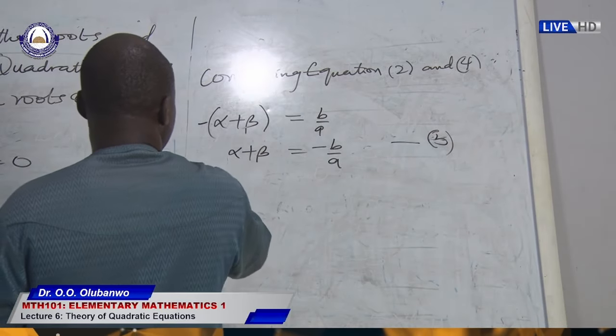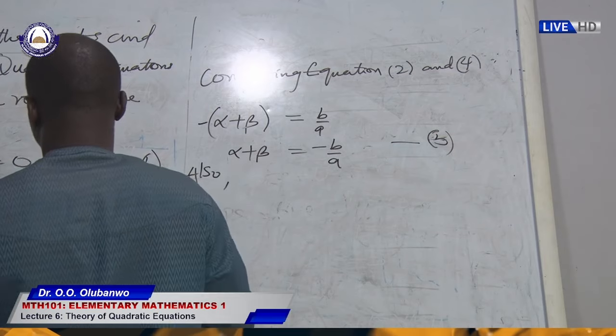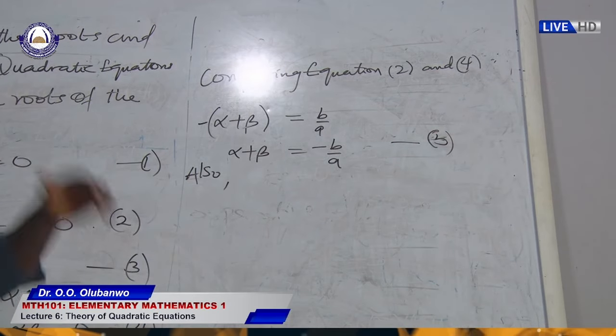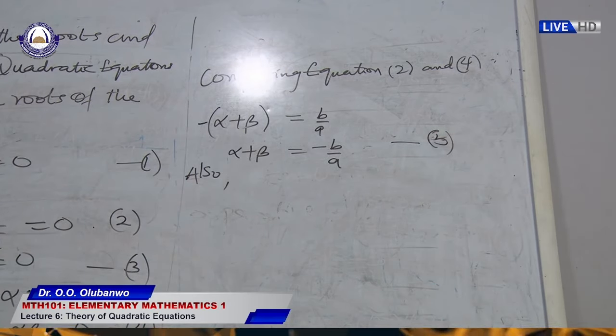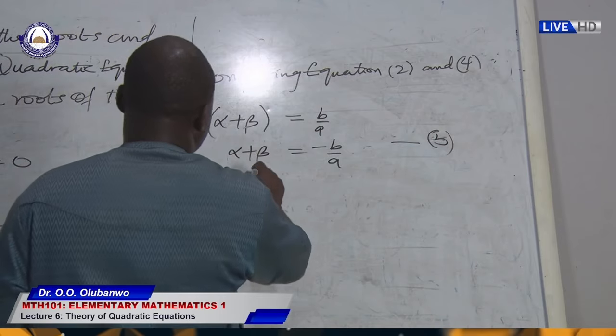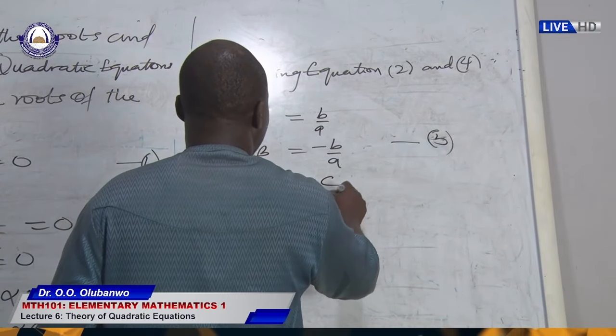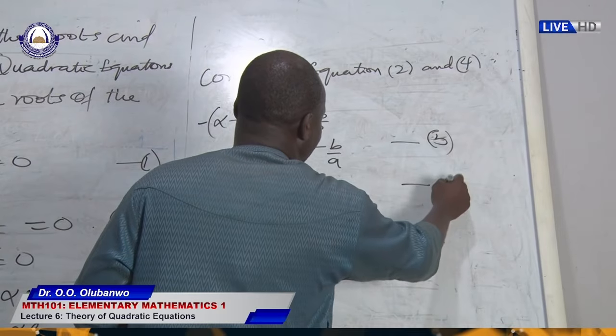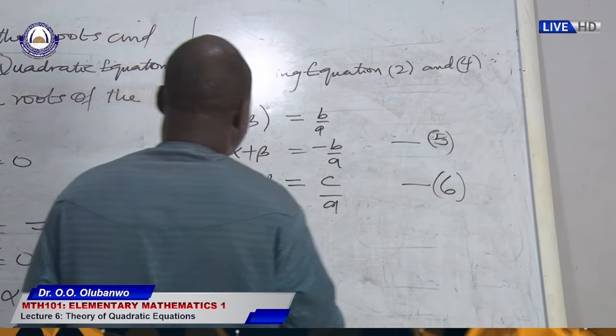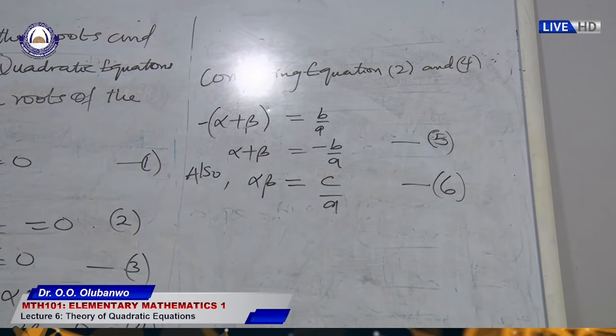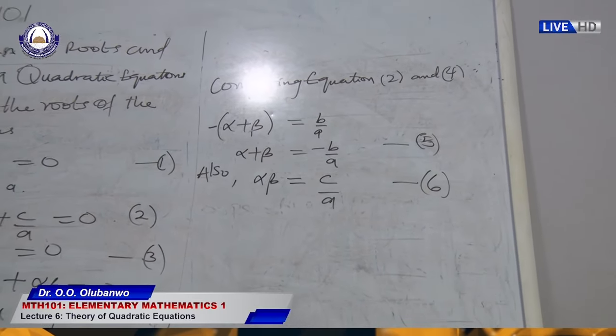Also, in terms of the constant term, you will observe that our alpha beta is equal to c over a. Label this as equation 6. Class, you can see that all these follow the principle of formation of equation.